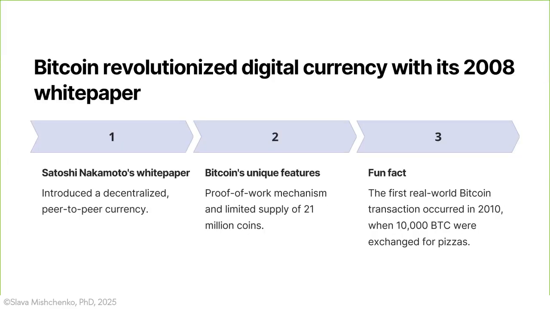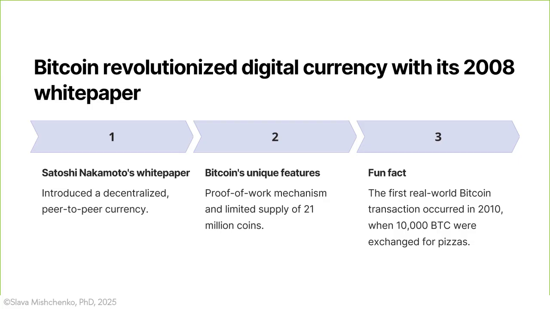Now, let me take you back to a pivotal moment in financial history, which is the publication of Satoshi Nakamoto's Bitcoin white paper in 2008. I remember when it first came out, and believe me, very few people understood its revolutionary potential at the time.